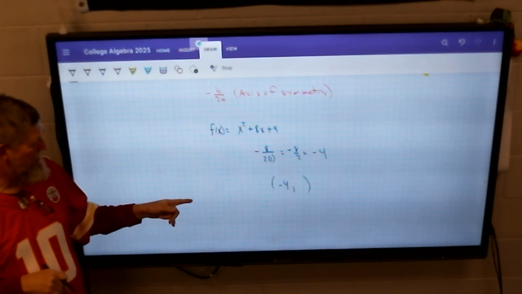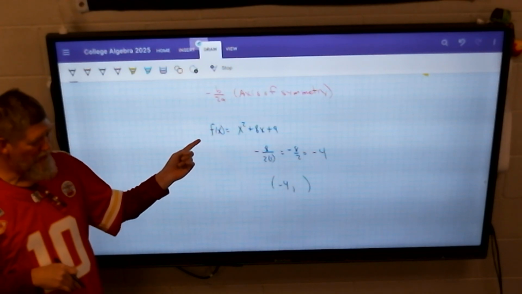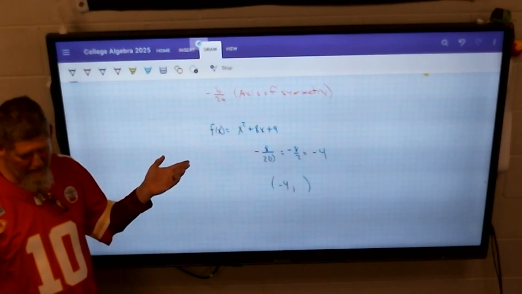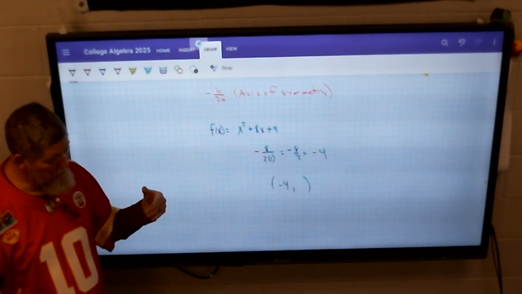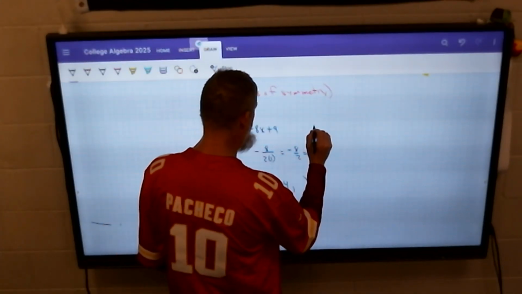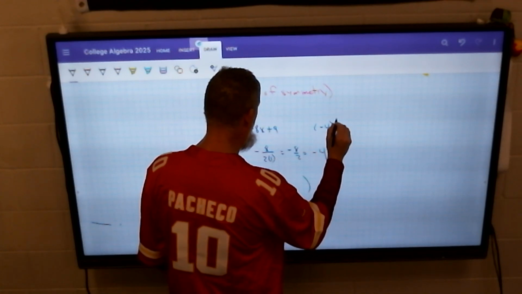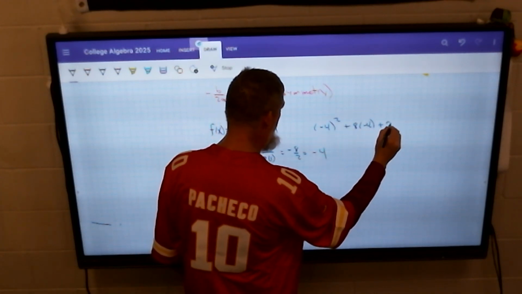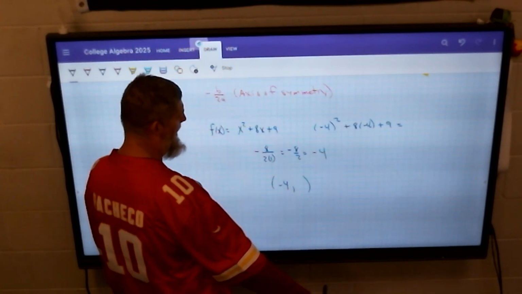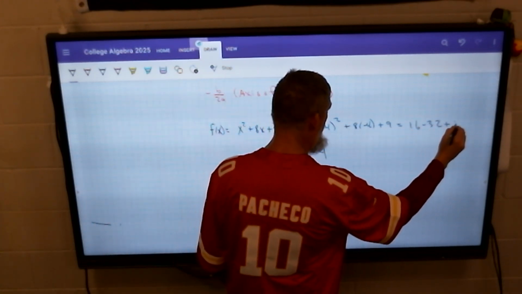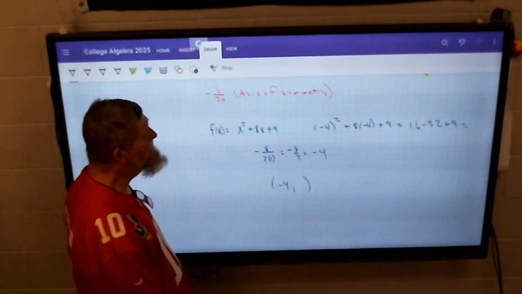Well, if x is negative 4, and I know that x squared plus 8x plus 9 equals f of x, what do I do? Plug negative 4 in for x. I simply go up here and say, okay, what's negative 4 squared plus 8 times negative 4 plus 9. You just plug it in. Now I have 16 minus 32 plus 9, which gives me what value?